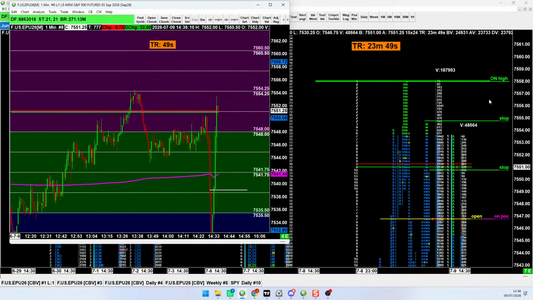Now, if we hold that 48 area, I think we'll take a run at the overnight high. There you go. Thin order book. Indeed. There you go, Milo. Thin order book. You nailed it.